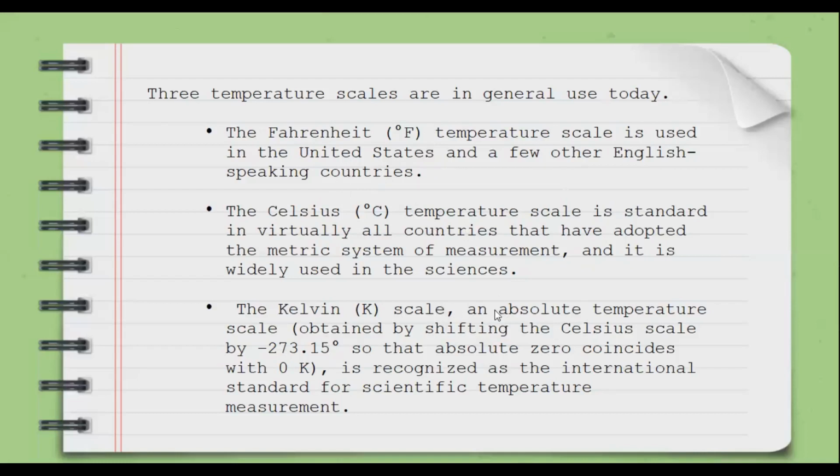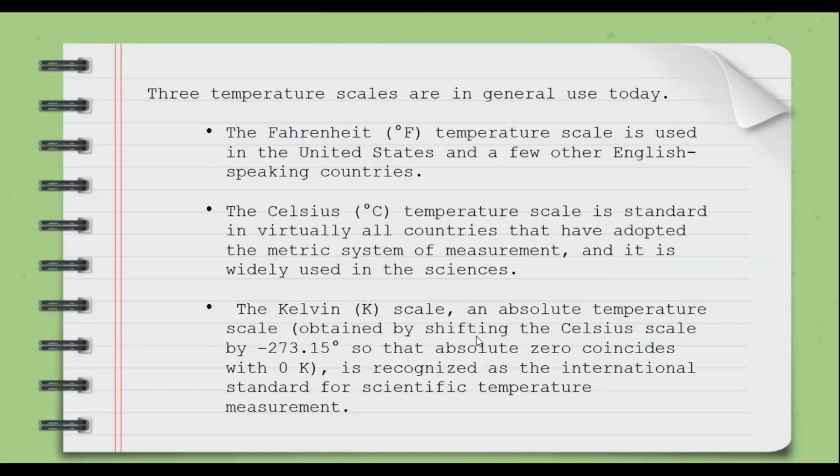For the Fahrenheit temperature scale, this is used in the United States and a few other English-speaking countries. And the degrees Celsius temperature scale is a standard in virtually all countries that have adopted the metric system of measurement. And it is widely used in the sciences today.